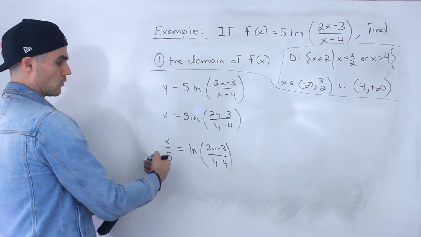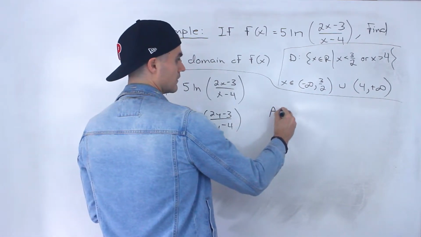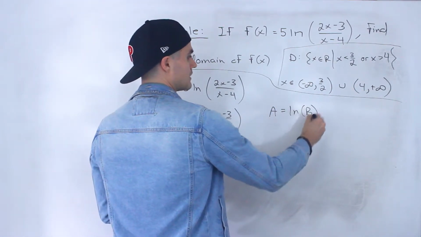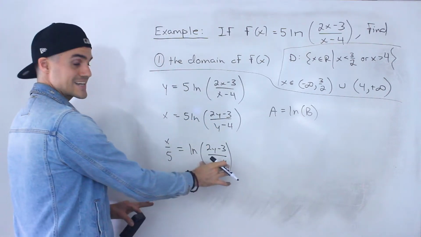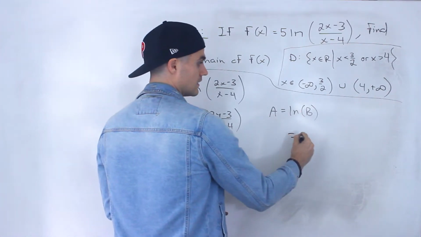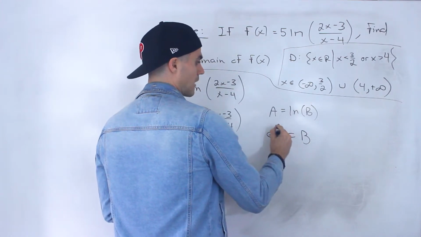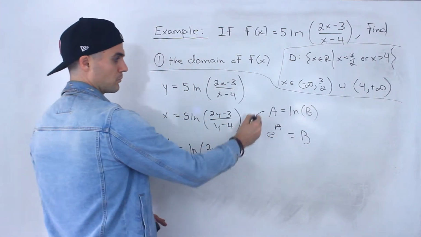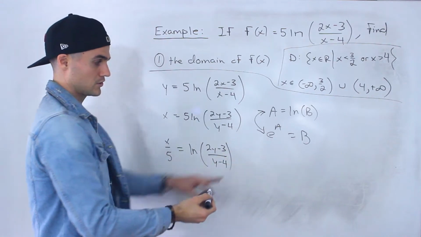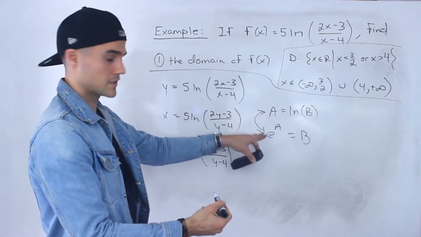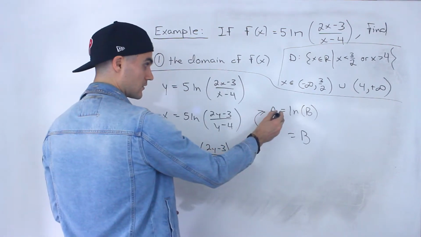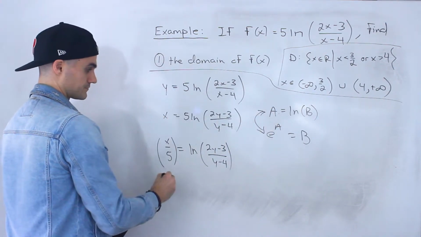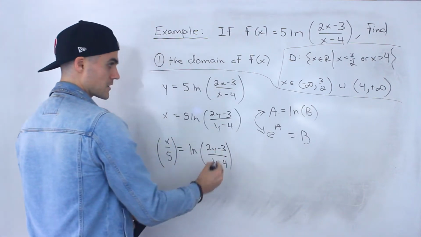Now to bring this ln over, basically if I've got something like this, ln of an expression b equals another expression a, and I want to get this b isolated, it's just going to be e to the power of a. Right? So both of these are the same thing. You could go from here to here, or from here to there. And so I'm going to apply this rule, where a is this whole expression, and b is this whole expression.